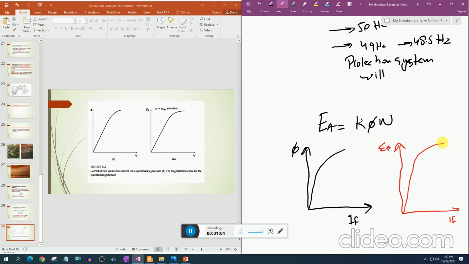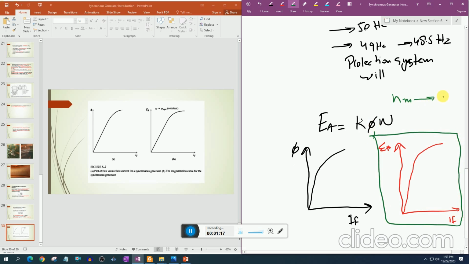So this is also a very important parameter: by controlling IF we can control the generated voltage, and by controlling Nm we can control the frequency. So these are two controlling parameters of the synchronous generators.